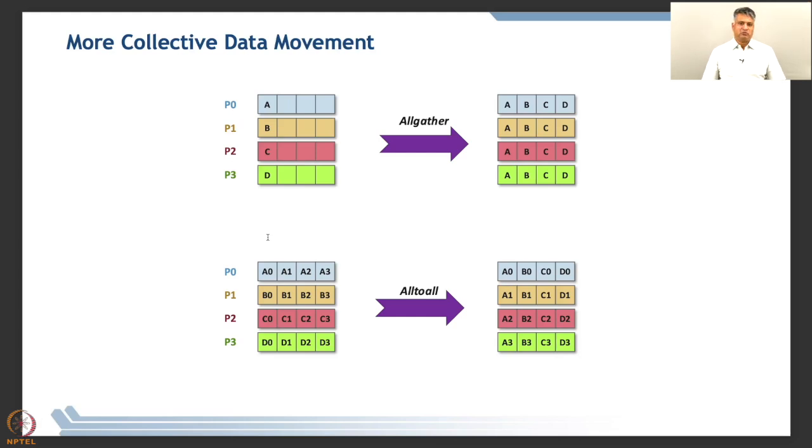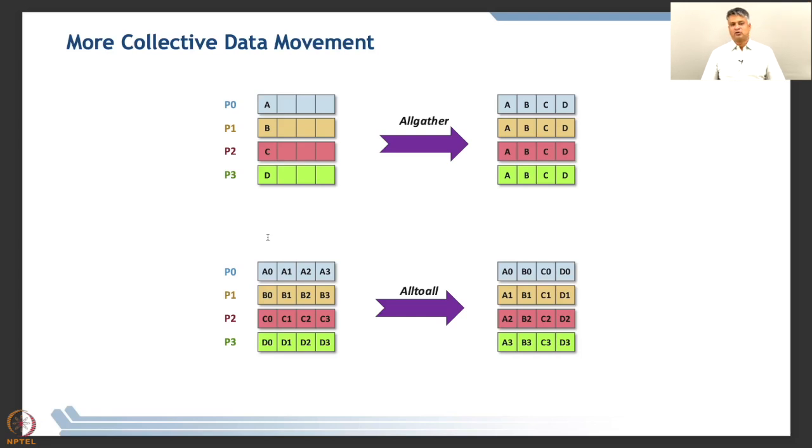Another version of this is something called an all-to-all. If you look at an all-to-all communication, let's say that you had a vector A0, A1, A2 and A3 which is resident in process P0. Similarly, you had B0 to B3 in process P1, C0 to C3 in process P2, D0 to D3 in process P3.